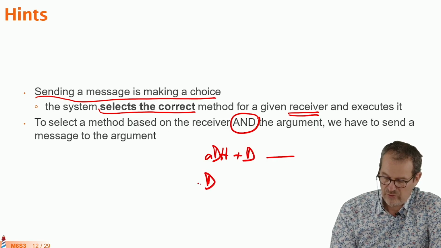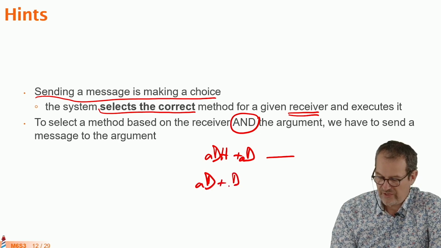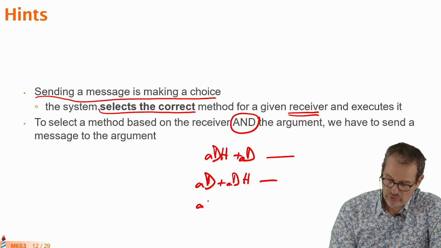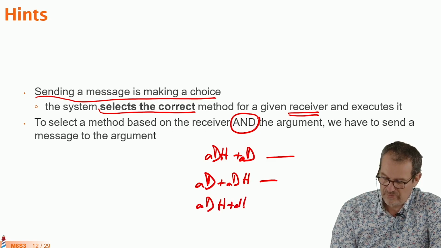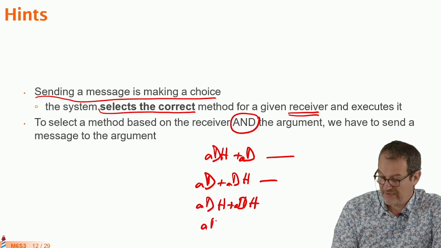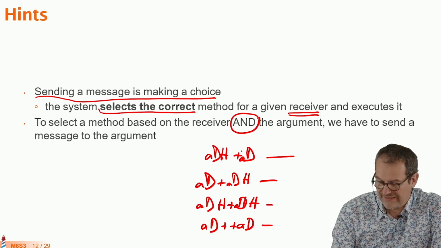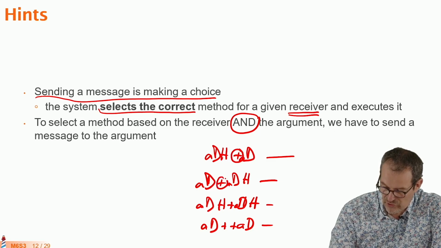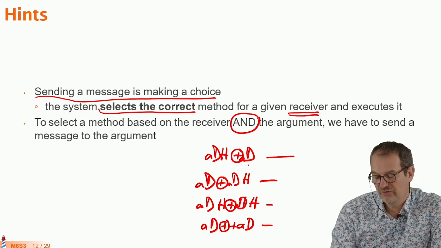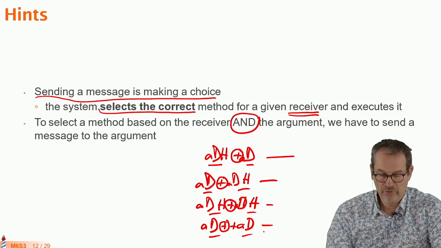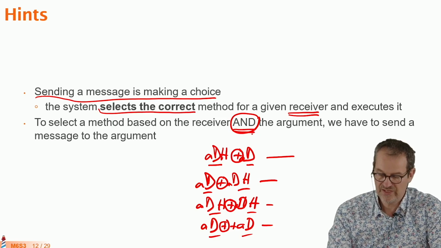We want to have a die plus a DieHandle that is working, or a DieHandle plus a DieHandle, or a die plus a die. All these solutions should work. So conceptually, this is like if we would have different versions of plus that are based on the receiver and the argument, the configuration. You see? So double dispatch is made to really select the correct methods based on the receiver and the argument.